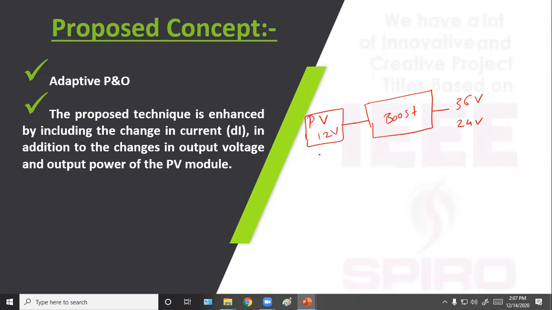The solar panel has two inputs: one is solar irradiation, whose unit is watts per meter square, and the other is temperature. The default temperature we fix is 25 degrees Celsius, and the solar irradiation is on average 1000 watts per meter square.